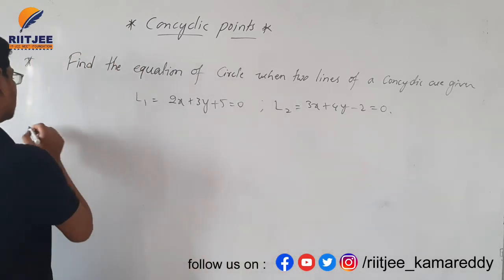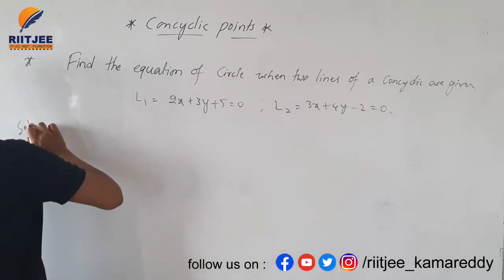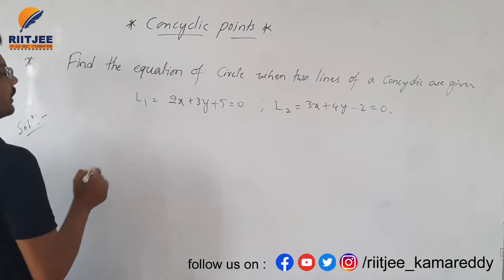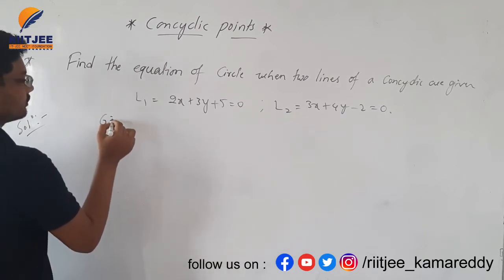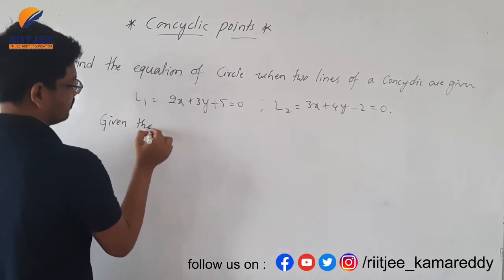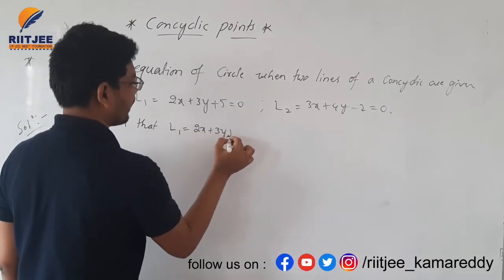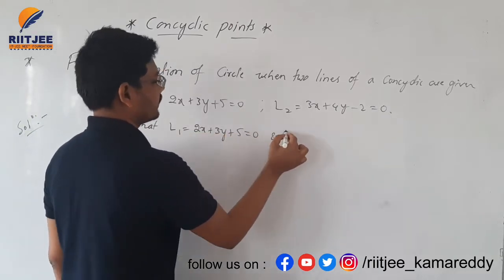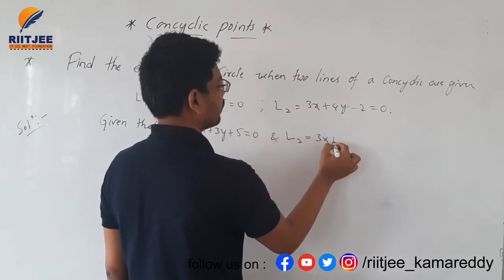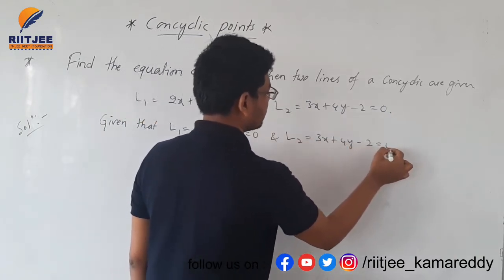Let's find the solution. Here given that L1 is equal to 2x plus 3y plus 5 equals 0 and L2 is equal to 3x plus 4y minus 2 equals 0.